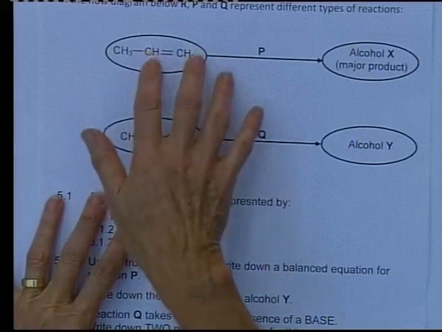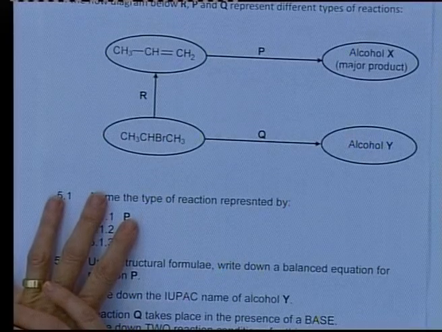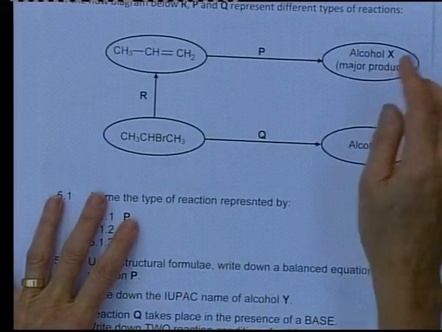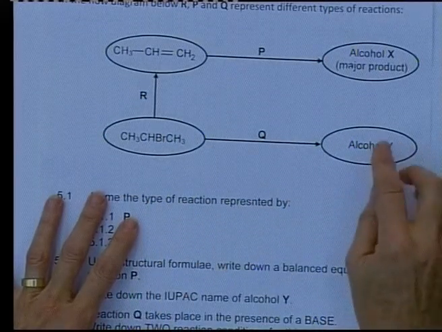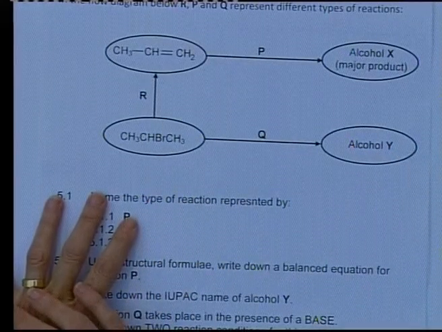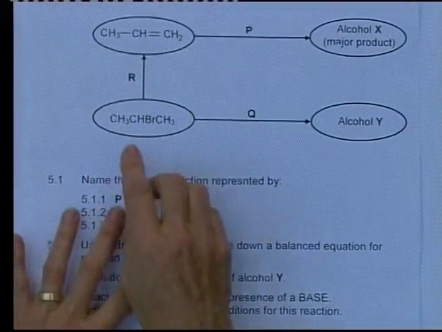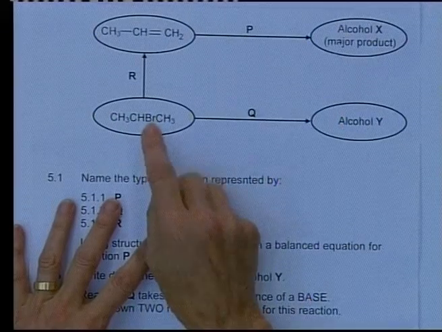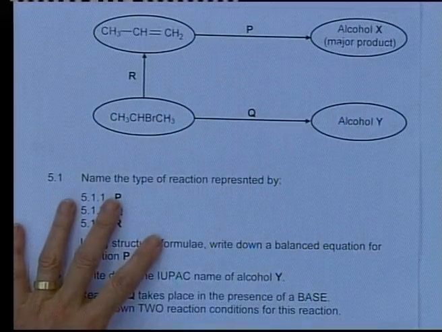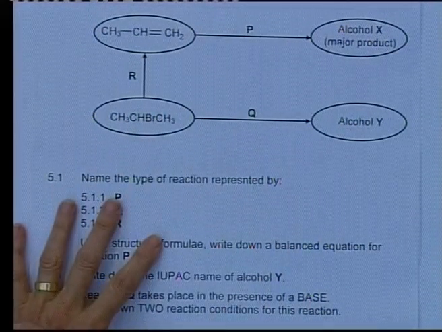It's just carbon and hydrogen with a double bond, so that is an alkene. This substance, they tell us, is an alcohol, and this substance is an alcohol. This substance consists of carbons and hydrogens and a single bromine. So in other words, we are dealing here with a haloalkane.